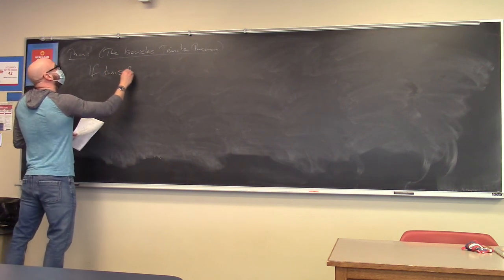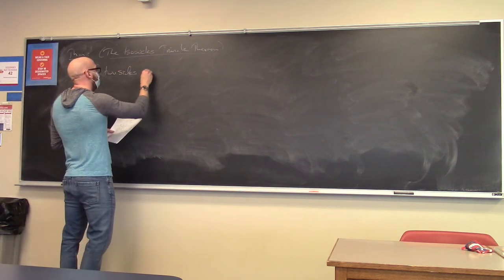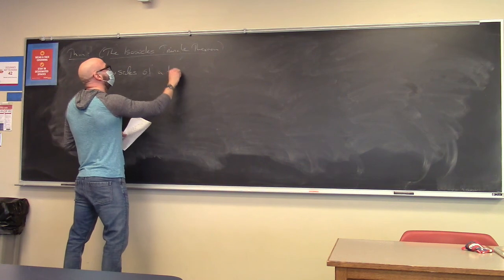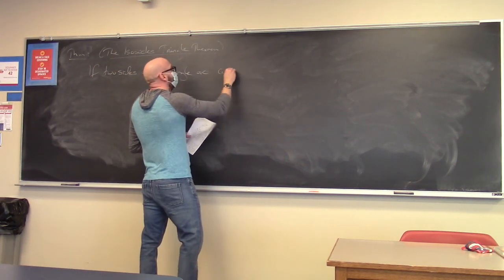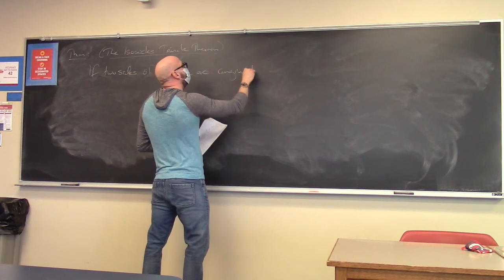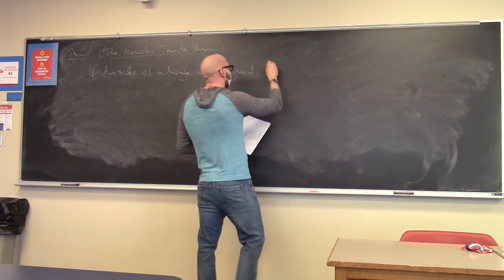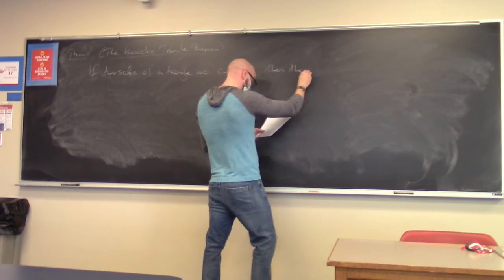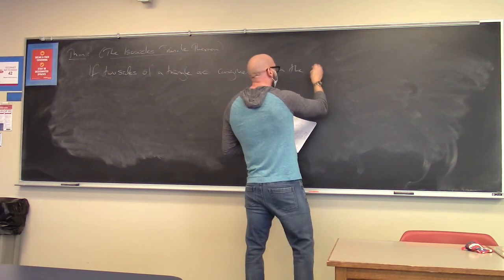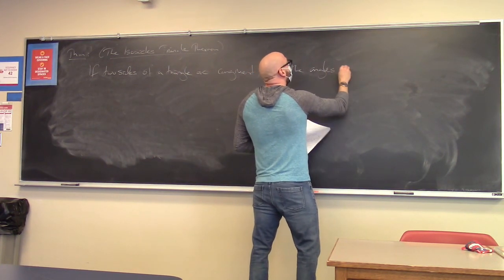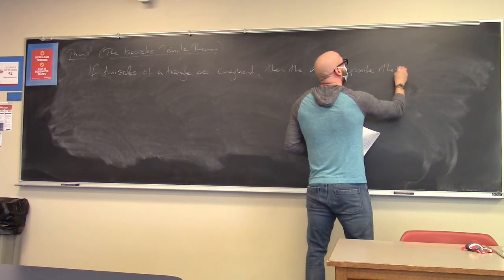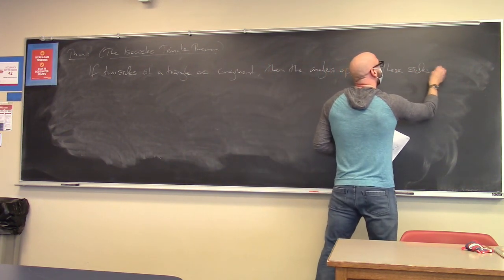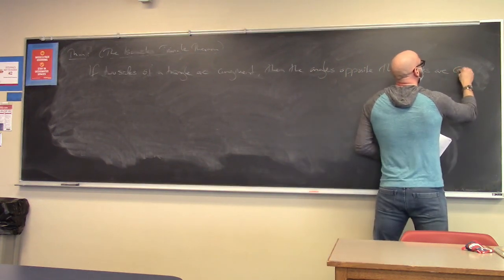If two sides of the triangle are congruent, then the angles opposite these sides are congruent.